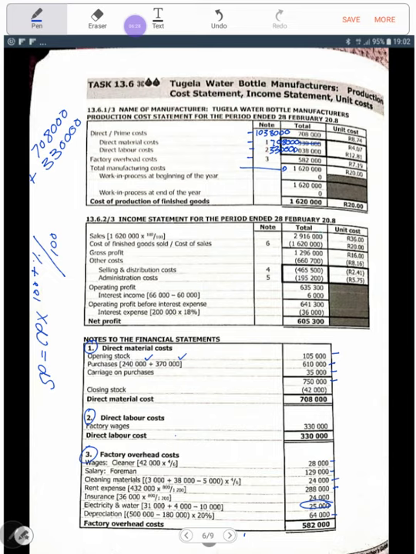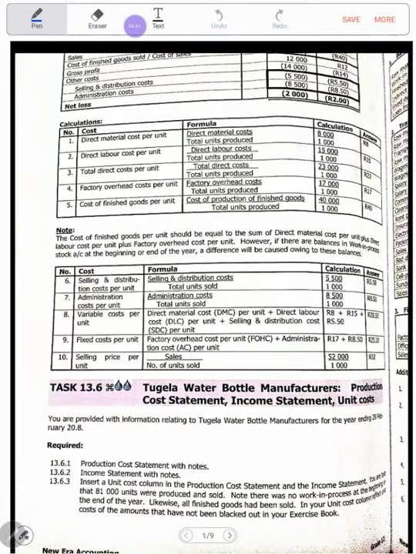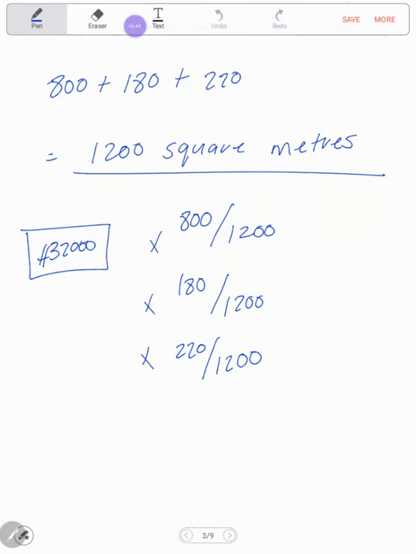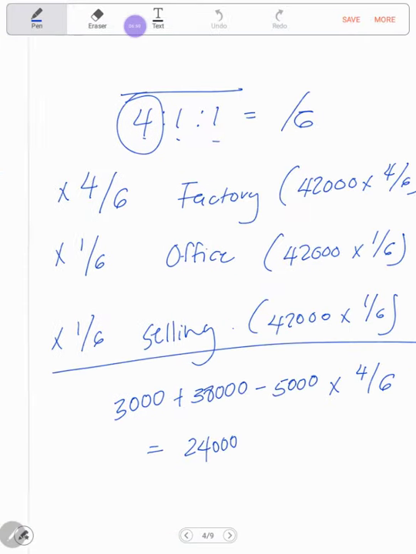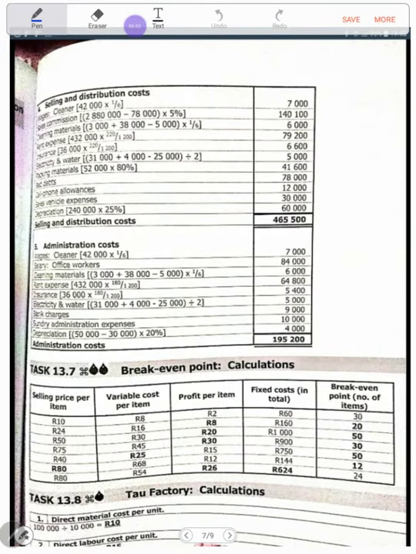And then we've got to work out the selling and admin costs. The note is given to you. It's the very same calculations. Let me just take you to the actual.